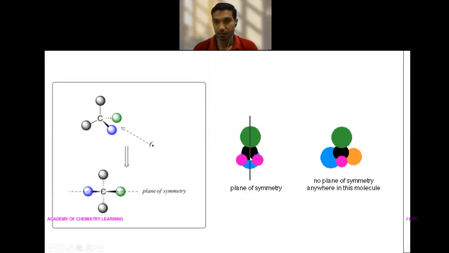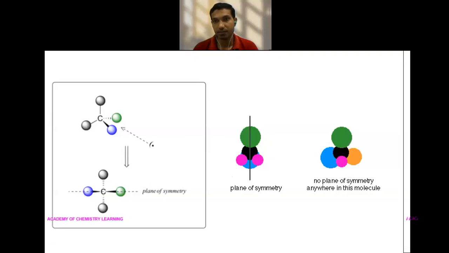But now in this case you can see this is the central carbon atom, it has green, blue, pink and light orange. So all four groups are completely different. So when you pass the plane either vertically or horizontally, they are in cross section.